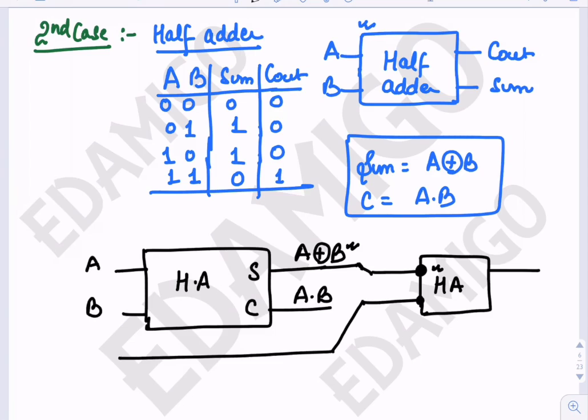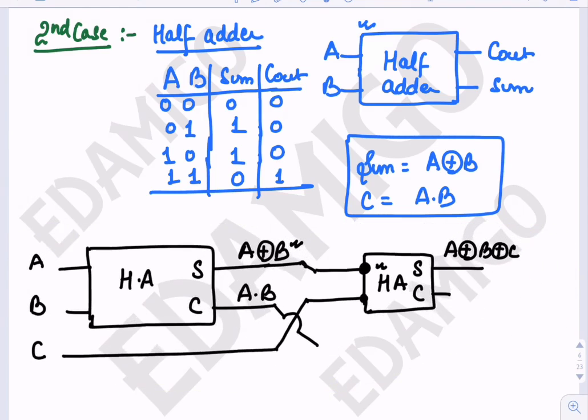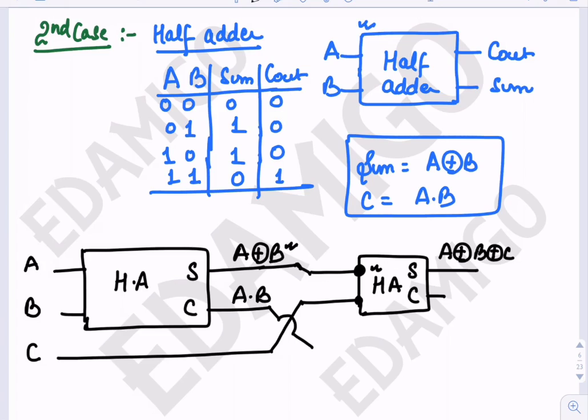So the output will be the XOR of the two inputs, that is A XOR B XOR C. And the carry output from the half adder is the AND of the two inputs, that is A XOR B into C, that is the second output.